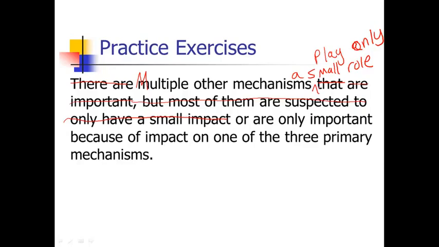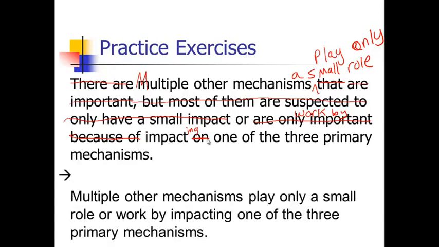So, "or," I'm just going to say, "or work by impacting," I don't think we need "on," "impacting one of the three primary mechanisms." So let's put that all together. Notice how much we were able to drop here.